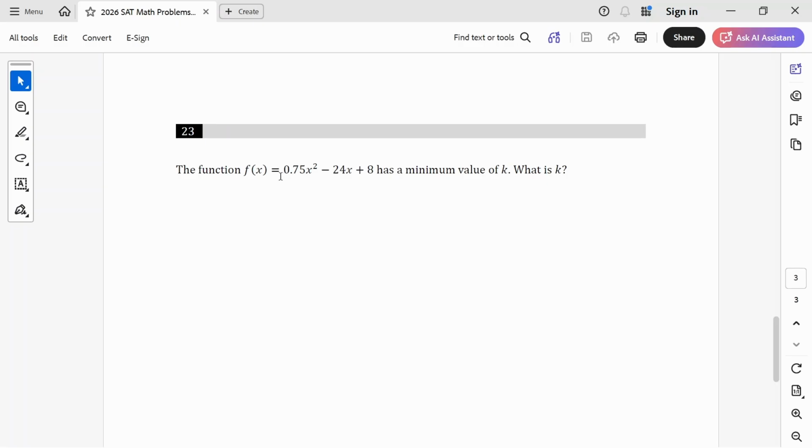We are going to take this equation and type this into Desmos. It says it has a minimum value. We're looking for, how low does it go, is basically what it is, right? So let's type it in. Let's make more sense of it by seeing it in Desmos.